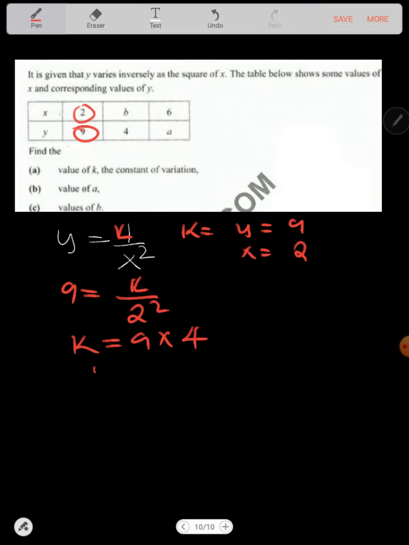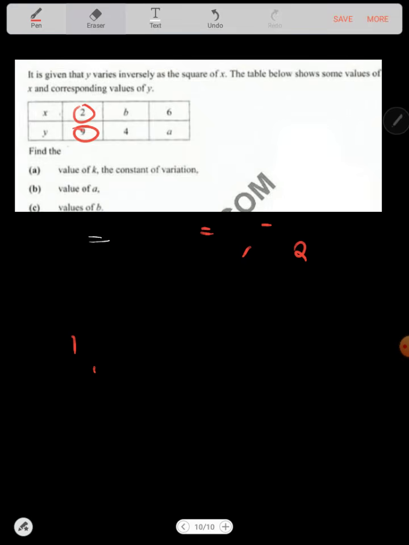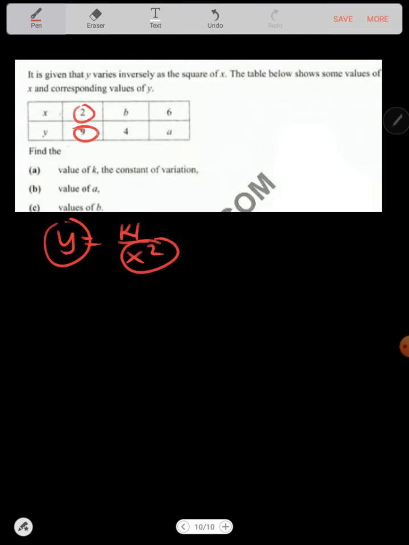Let me just repeat in case you didn't get me clearly. We can only find k since y varies inversely as the square of x. Our k will be where we have both y and x values, which is this.